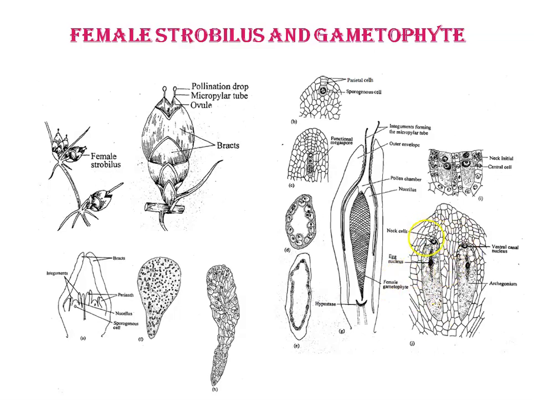This is a part of the female gametophyte showing 2 archegonia and how these archegonia are formed. The first cell acts as the archegonial initial. It soon cuts off 2 cells: the neck initial and the central cell.